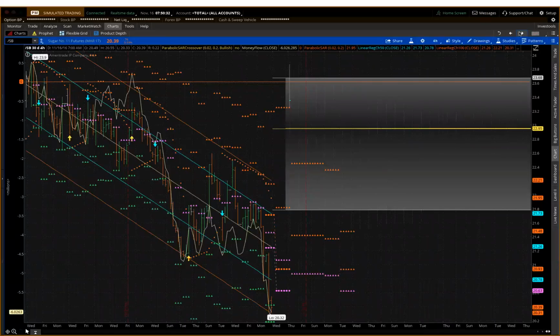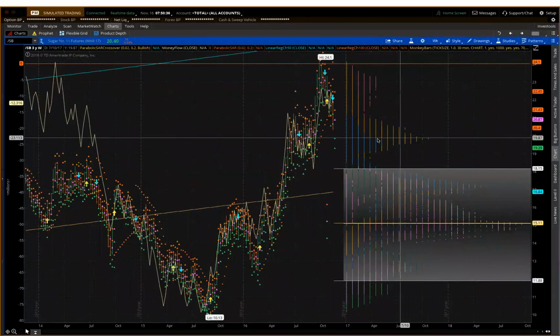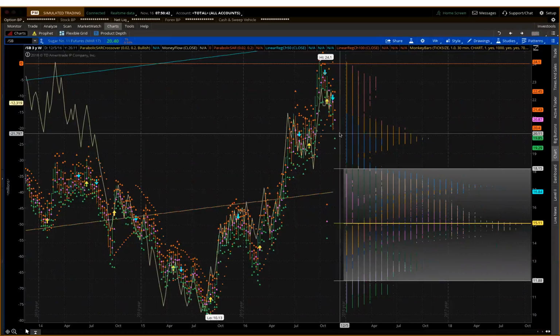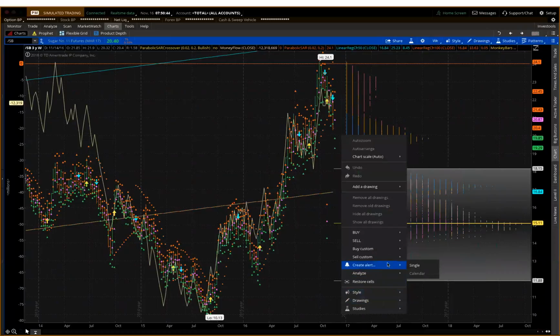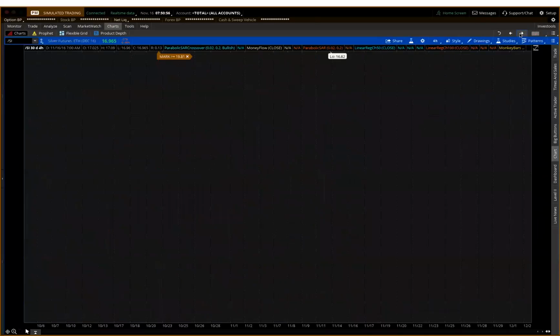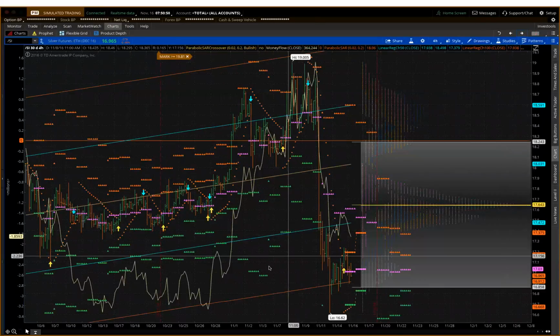Here's sugar, so we're down to the 20 area here. All right, here's the happy place, a little under 20. Okay. Keep an eye on sugar. Silver, same thing.